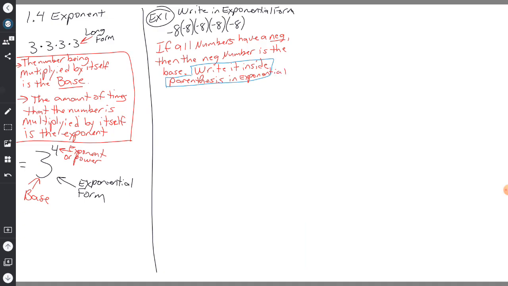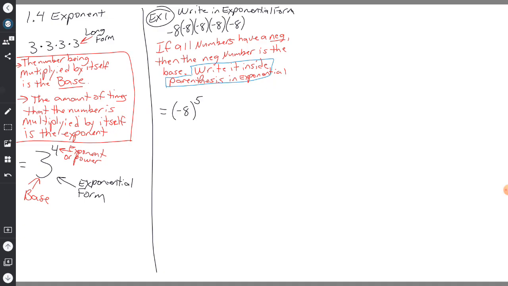So when we write this in exponential form, we would take that -8, put it inside of parentheses, and then our exponent is going to go on the outside of the parentheses, which is what? All right, 5. So -8 inside the parentheses to the 5th power.